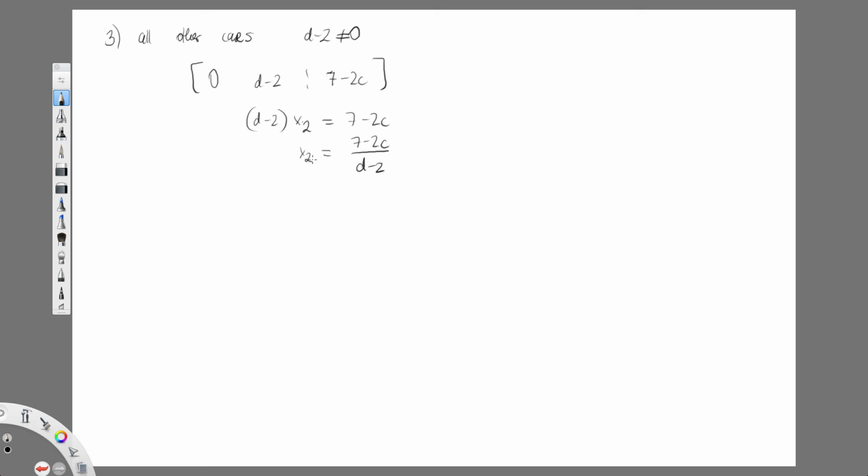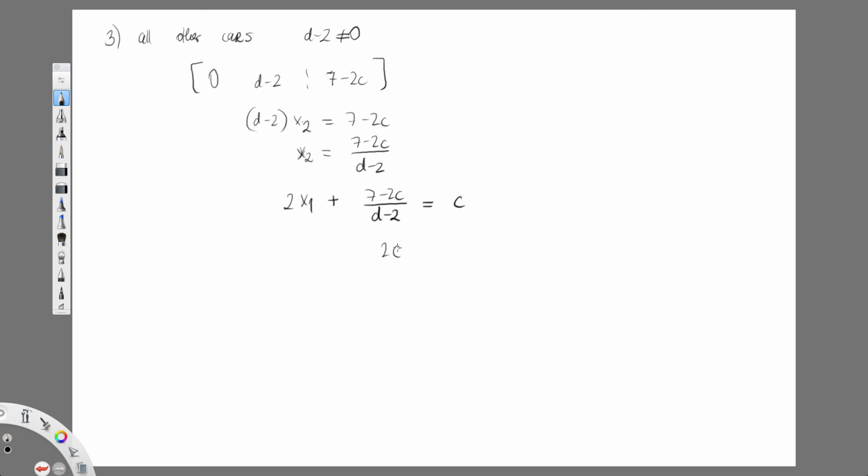Okay, so this is my x2, and x1 I will get simply by plugging x2 into my first equation. That means that 2x1 plus x2, which is this, is equal to c.